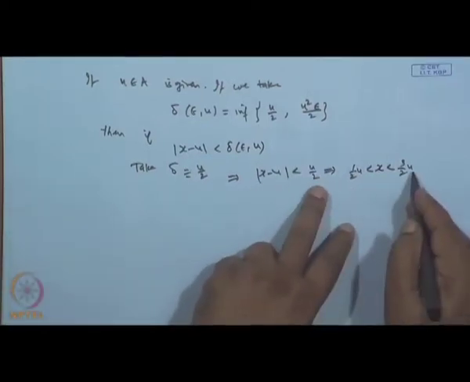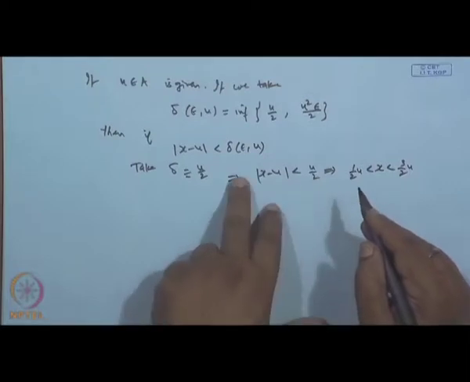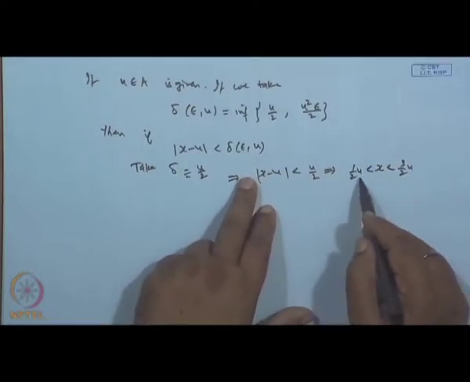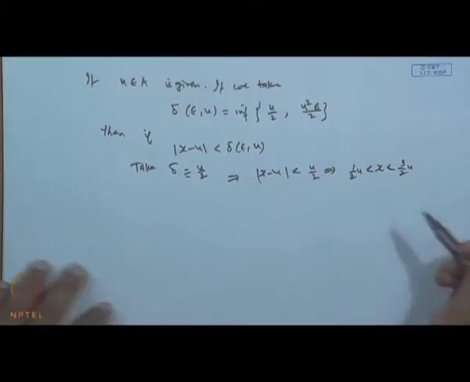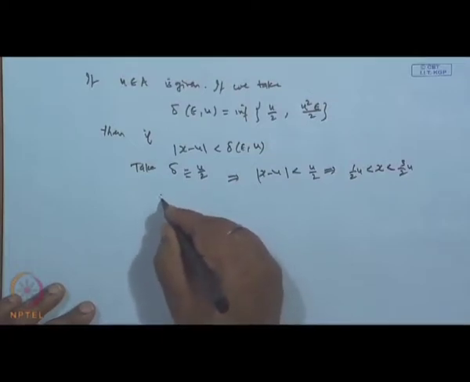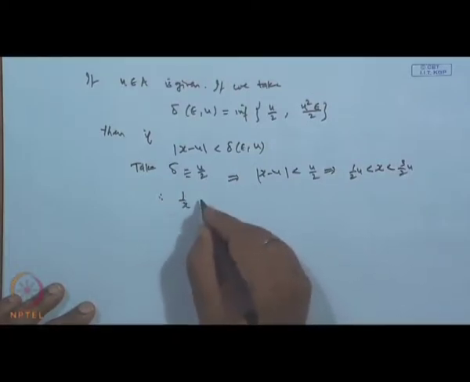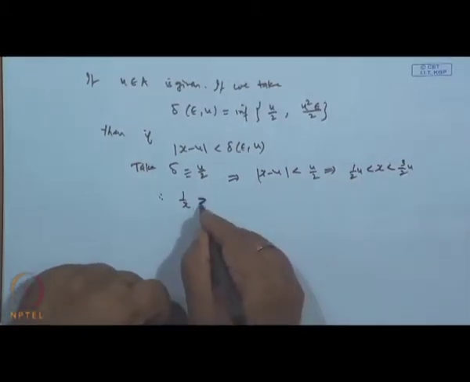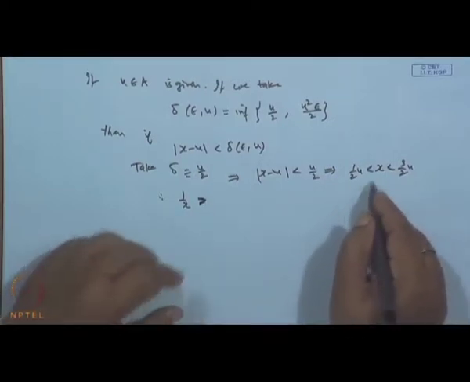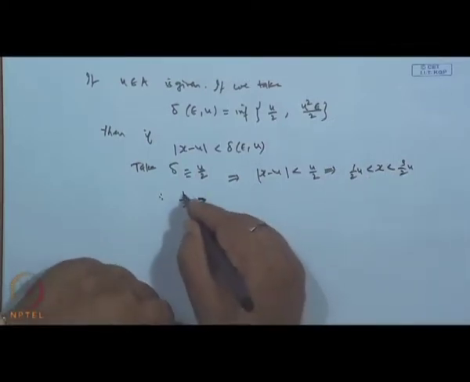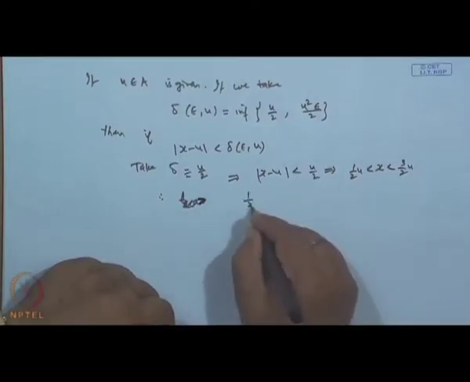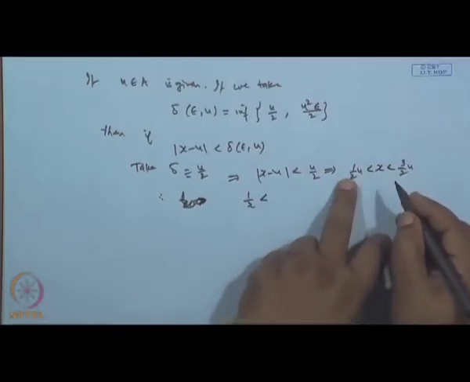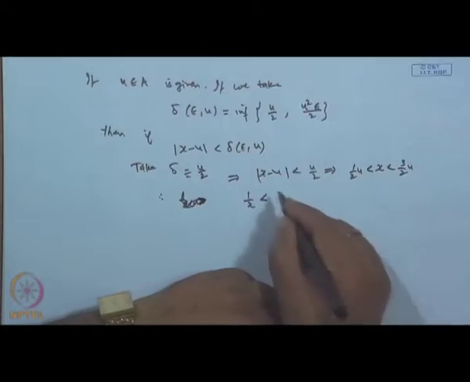So, x is greater than u/2, and therefore 1/x will remain less than 2/u.